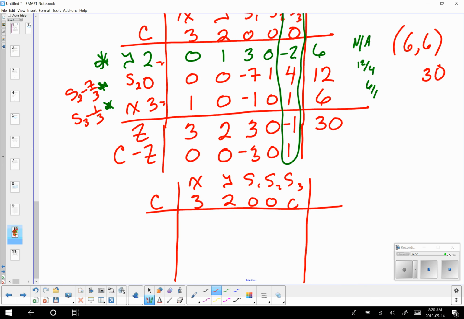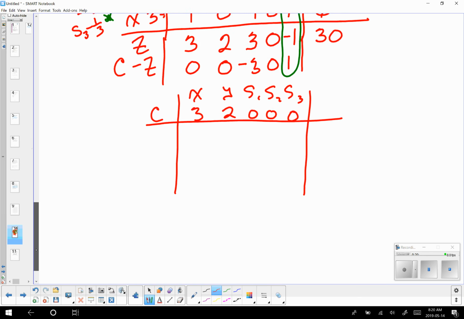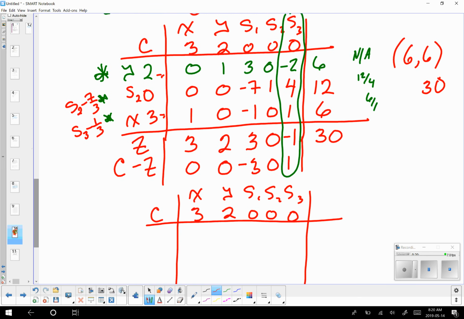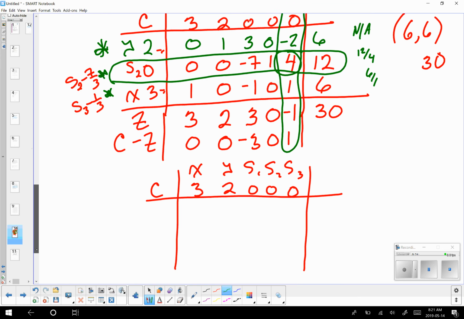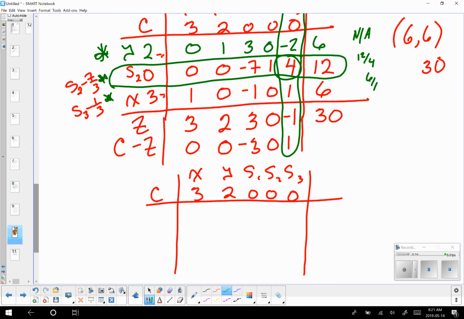So let's just set this up. And this time, this is the special line, I call it, and I replace them where they were. You don't need to do that.